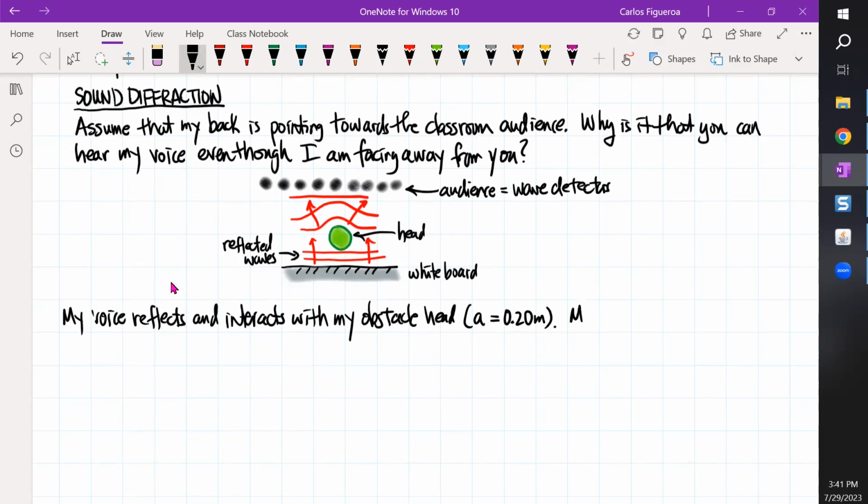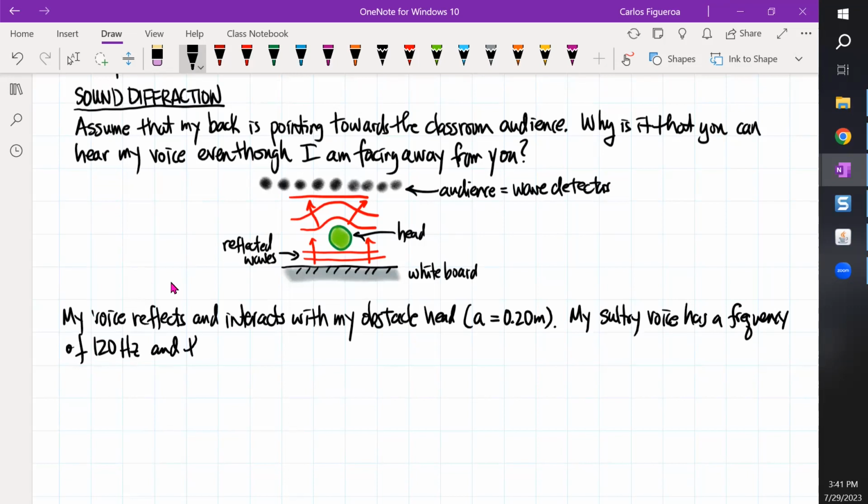Let's say that my sultry voice has a frequency of 120 hertz, and if I remember correctly, that's my fundamental.